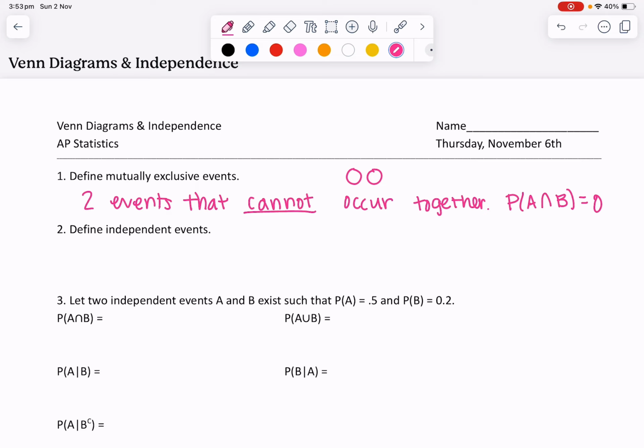Independent events. Knowing the outcome of one does not help predict the other.